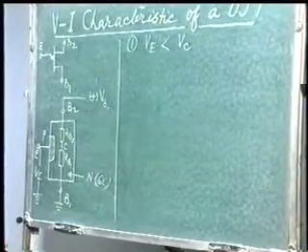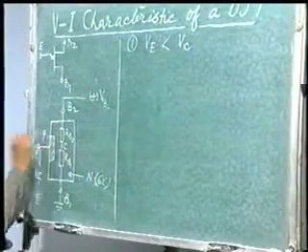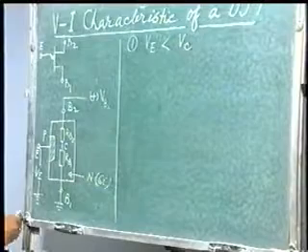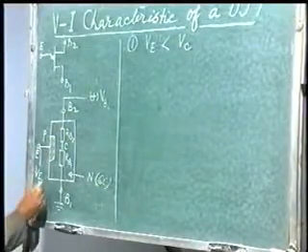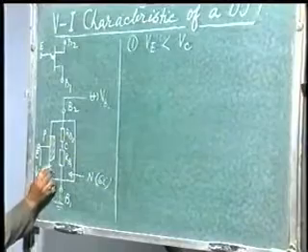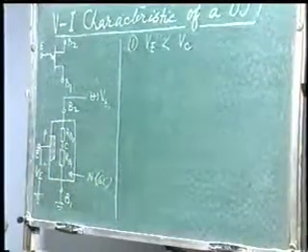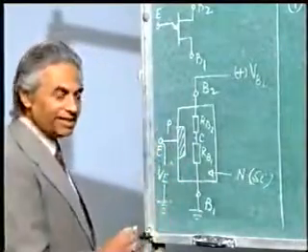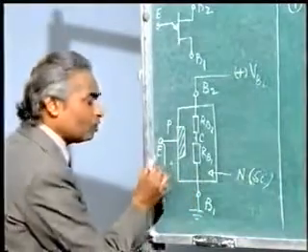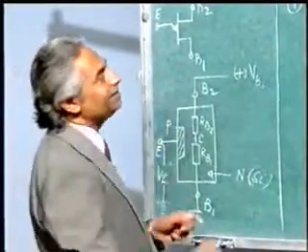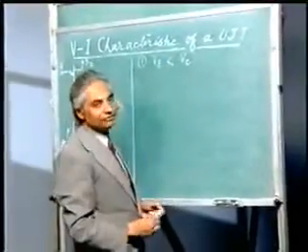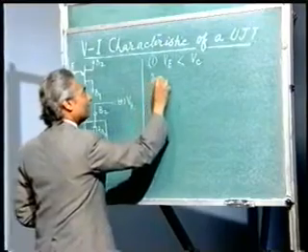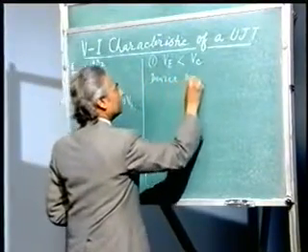What is happening now? Since VE is smaller than VC, that means this PN diode is reverse biased and the diode will not conduct. There is a tendency of current flowing outside this device. In that condition, when the diode is reverse biased, the diode will not conduct, that means the device will not conduct. Only a little bit of current will try to flow outside the device. So that is the condition when VE is less than VC. So we can say the device will not conduct.